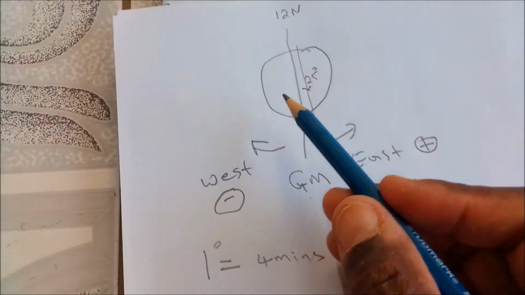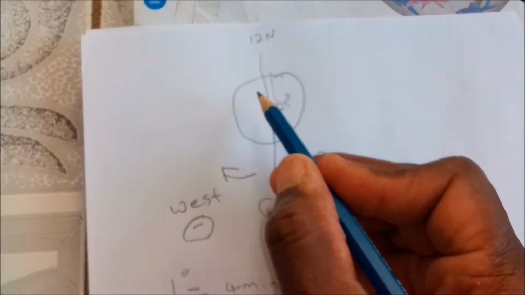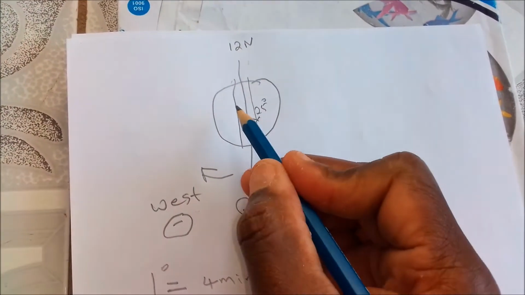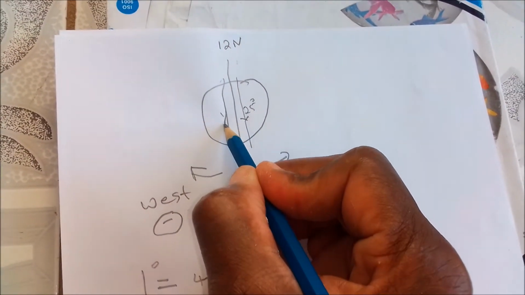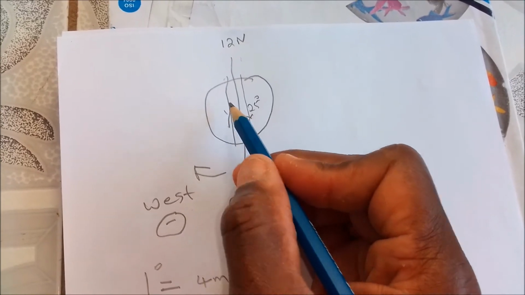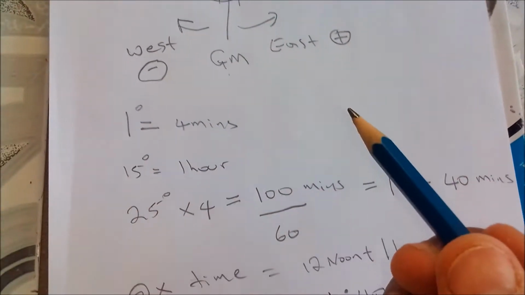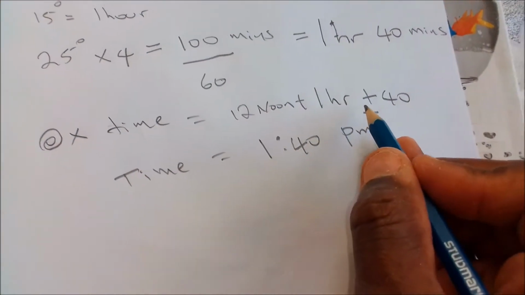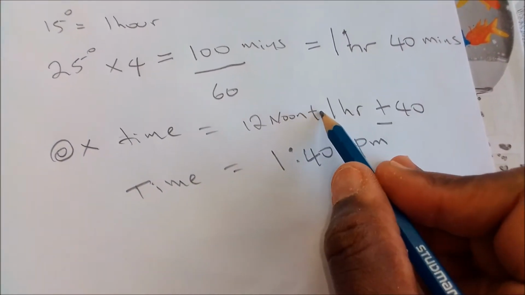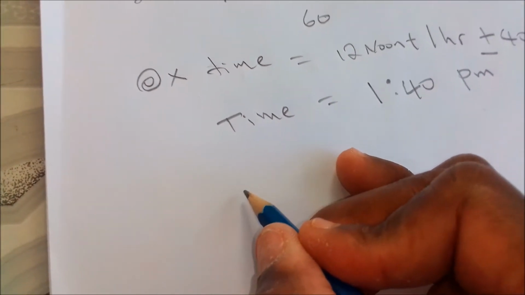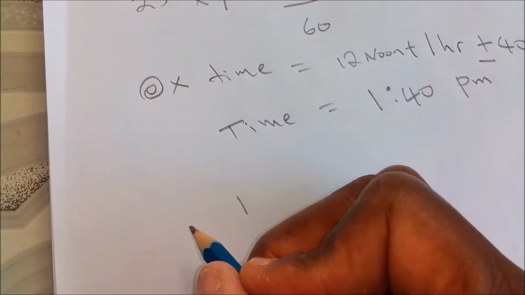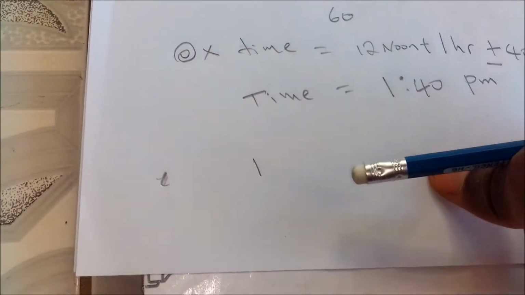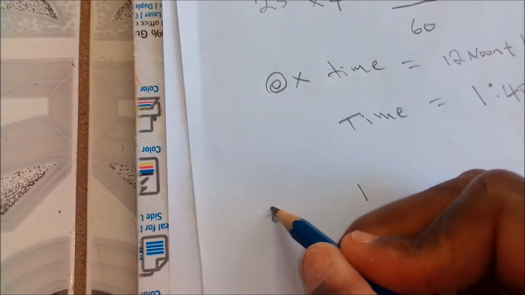Now, if I had been moving west, over to this side, with the same 25 degrees, let's call this Y so as not to confuse you. What I would have done is subtract instead of add the time. Let me write it properly so you don't get confused.